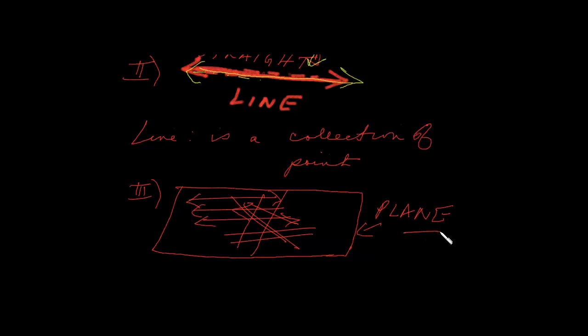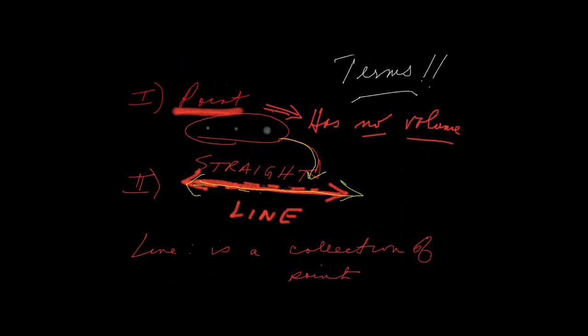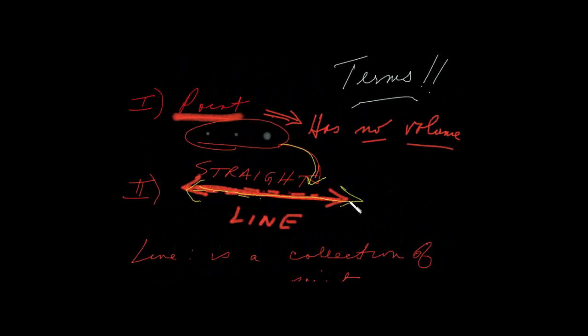All right. So simply put, your lines are all at the same level now, and they become a plane. So your points become lines, straight lines only.